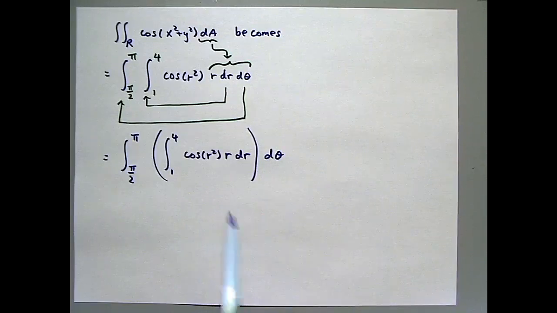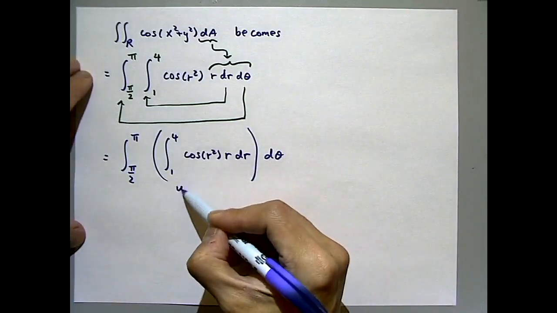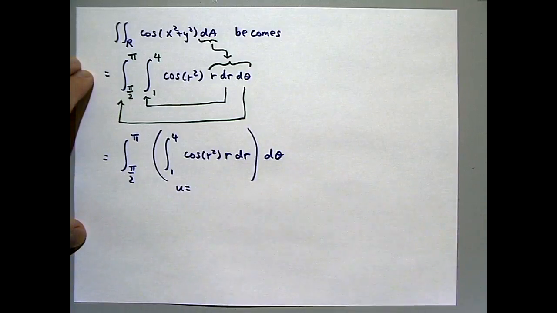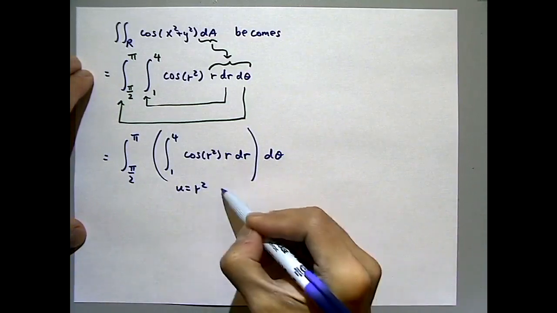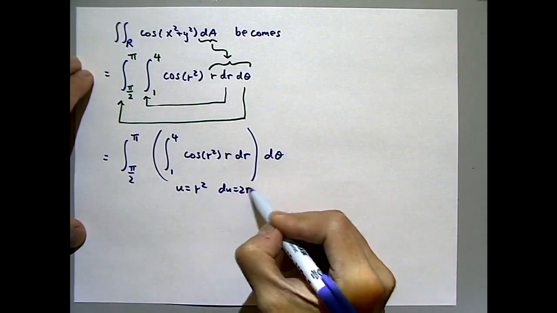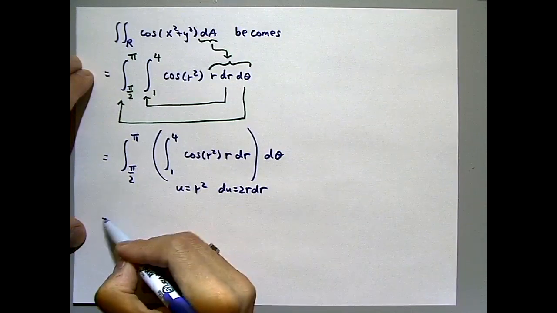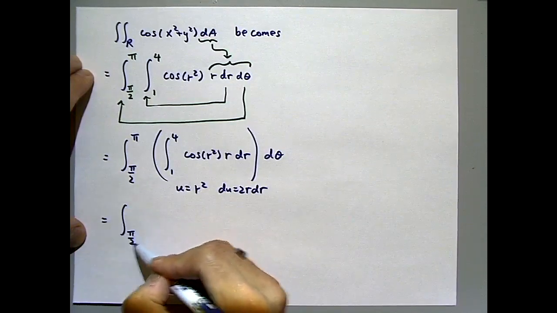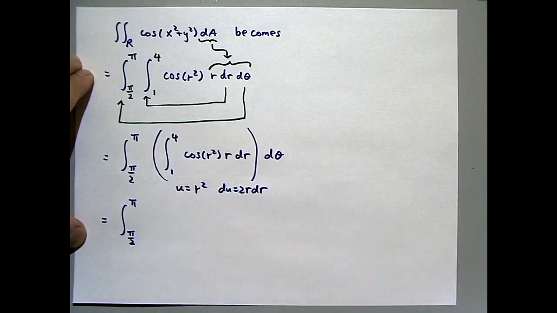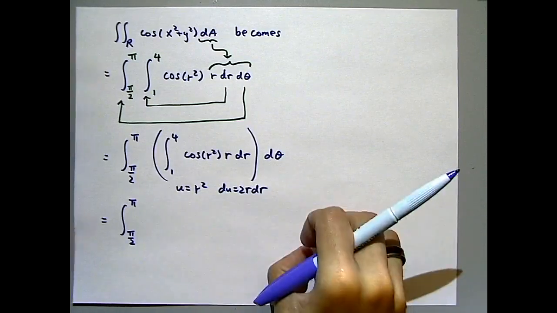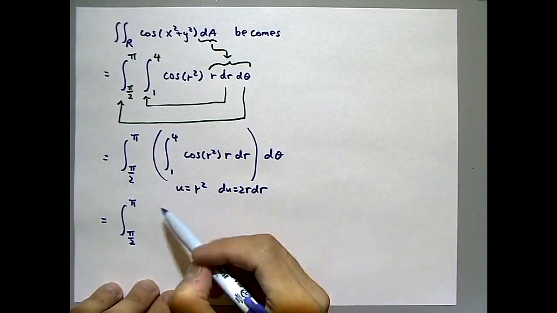Substitution, yeah? With u equal to what? r squared, yeah. And du is 2r dr. That's the kind of thing you need to be pretty comfortable with, integration by substitution.